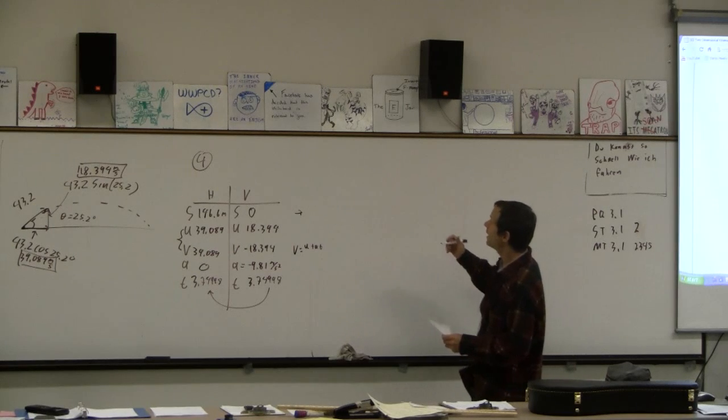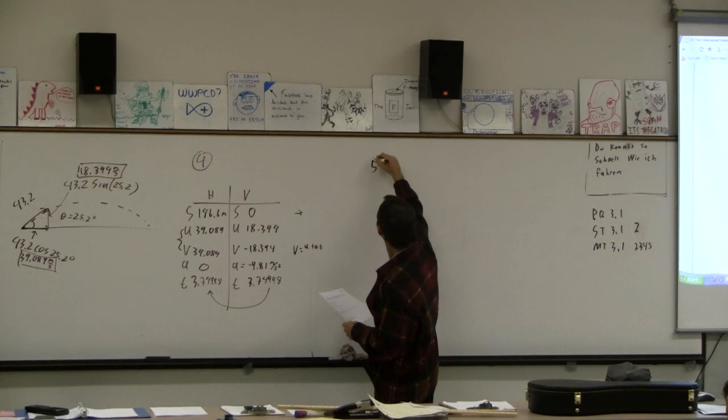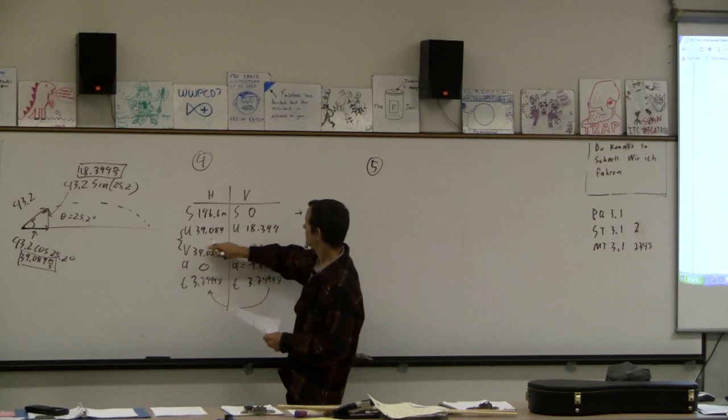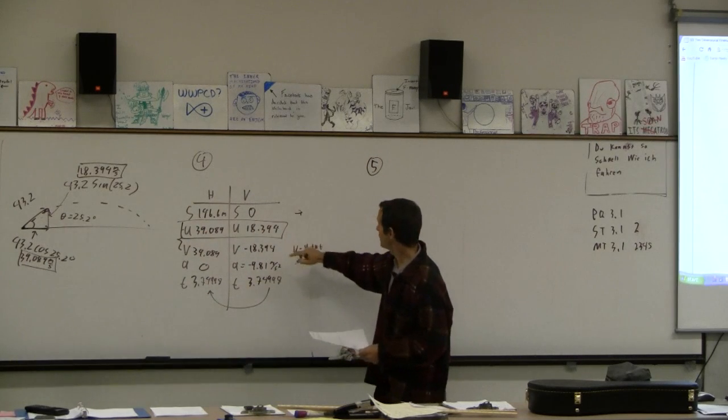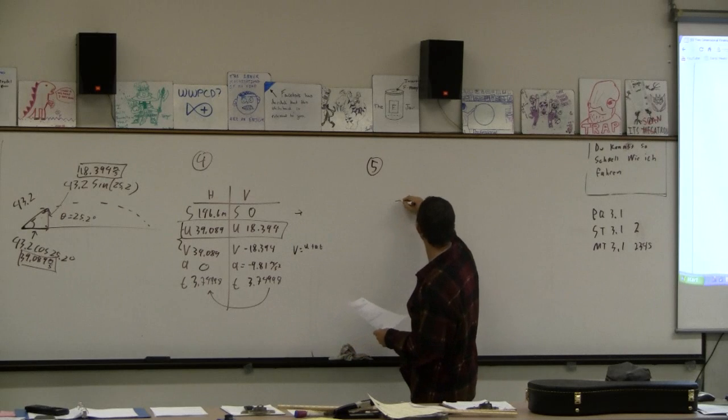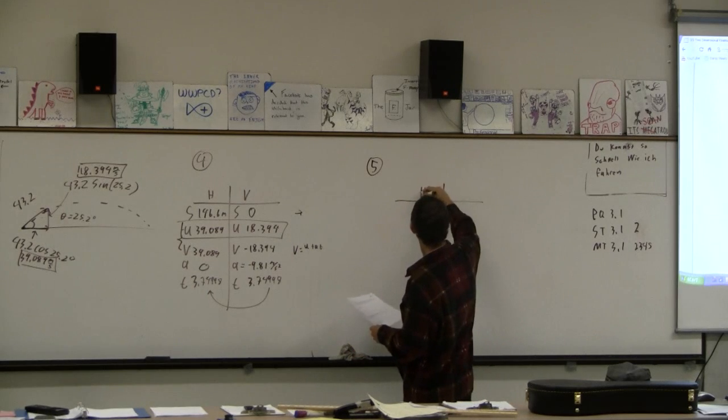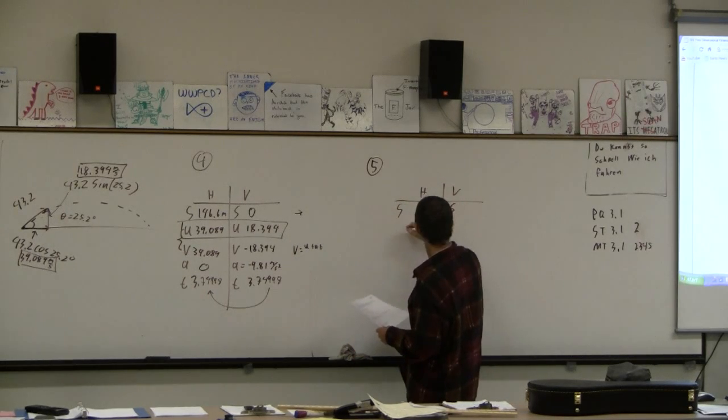Okay, so number 5. I'm thinking like Ghostbusters, right? Okay. For number 5, we're going to use this same launch velocity. Right, so u is 39.089.